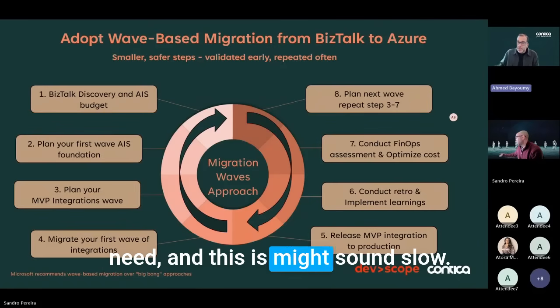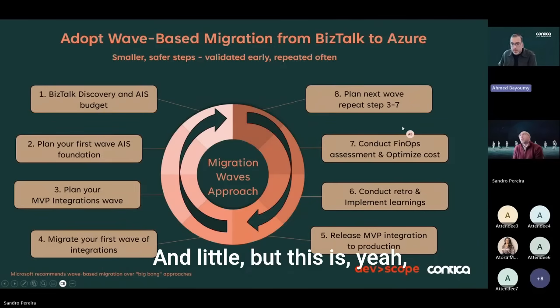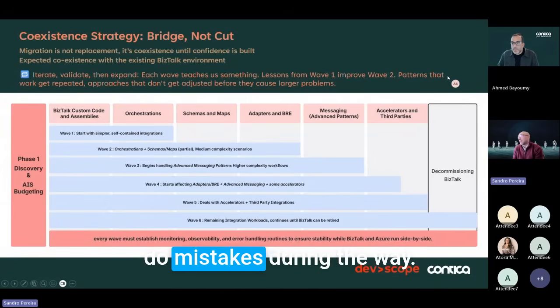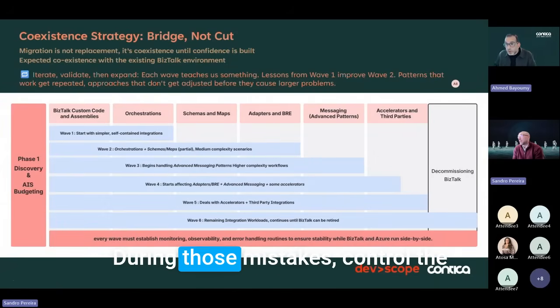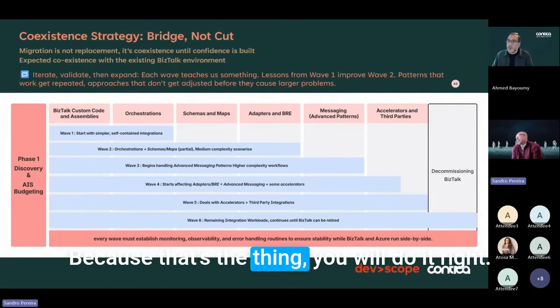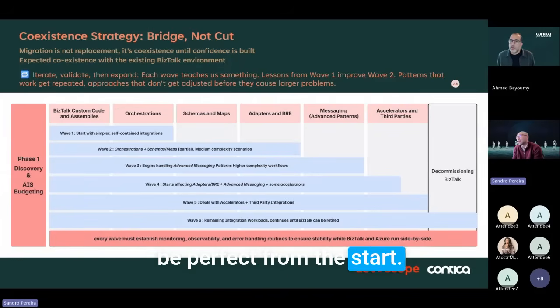It might sound slow, but it's worth it, because you are going to make mistakes along the way, okay? You can control those mistakes easily and adapt very easily, because that's the thing, you will make them. It's not going to be perfect from the start.